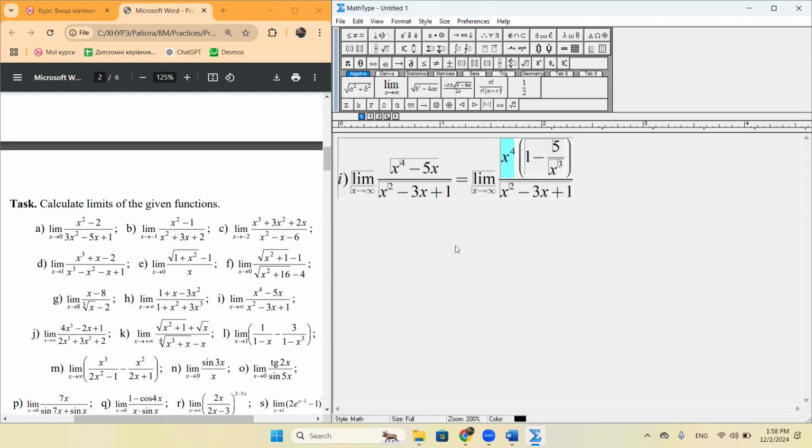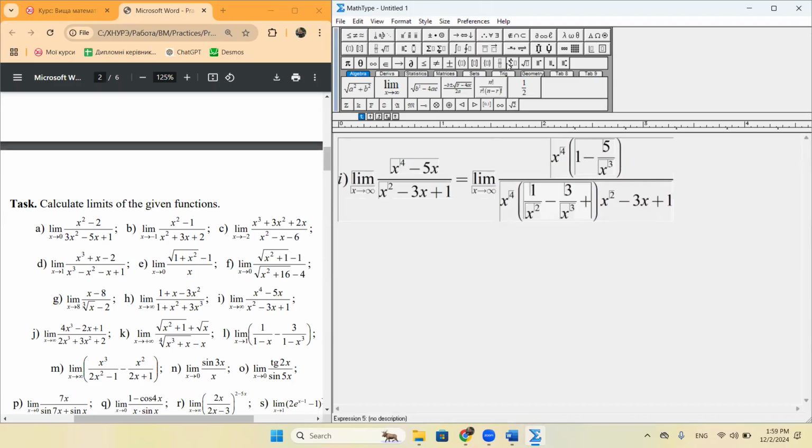And doing the same for the denominator. So 1 by x in power of 2 minus 3 by x in power of 3 plus 1 by x in power of 4, and removing it.